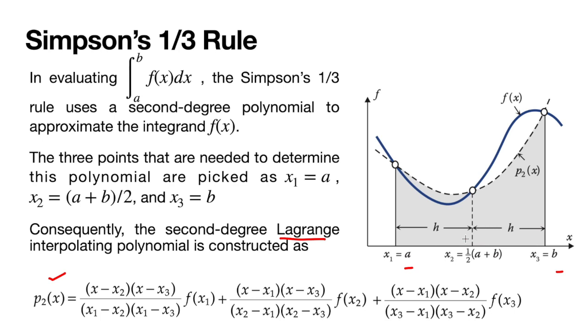The method is similar to what we did in the trapezoidal rule, where we replace f of x by the polynomial. In the trapezoidal rule we replaced it with a single degree polynomial, which is a straight line. Now we are replacing it with the second degree polynomial, given by this equation.